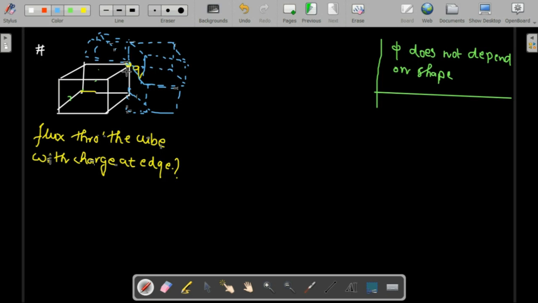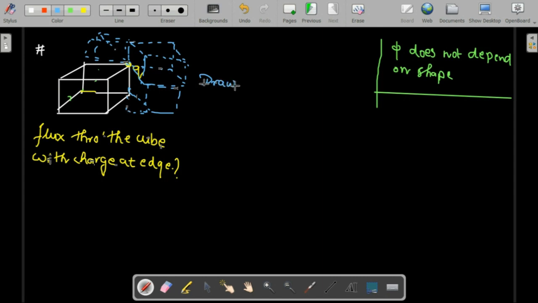Now imagine that if I want to draw a symmetric structure with the charge at the center, I have to draw 7 cubes around it. One cube is already on one edge side. I have to draw 7 more cubes. If we are considering a three-dimensional picture, that means you have to draw 8 cubes. You don't have to write down anything here.